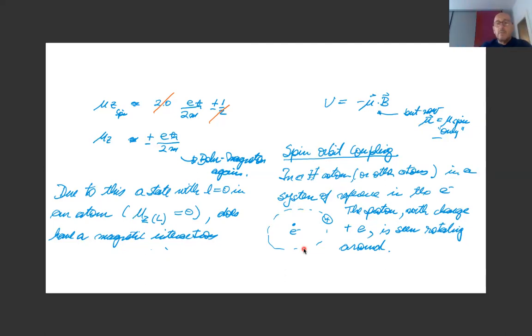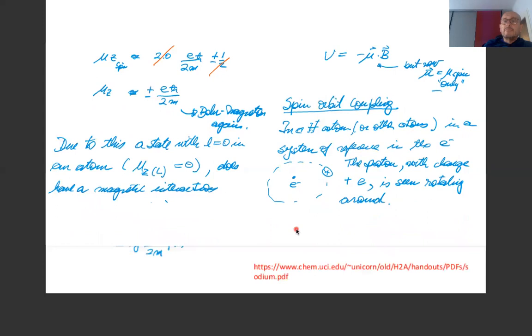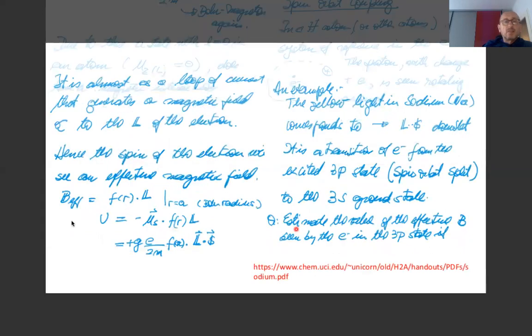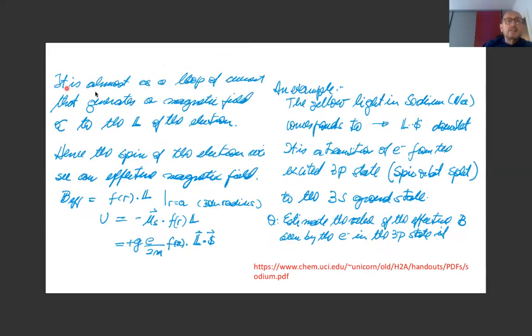Okay, so the field that the electron will feel at this point will be proportional to its own angular momentum. So this is what I write here. It is almost like a loop of current that generates a magnetic field proportional to the orbital angular momentum of the electron.